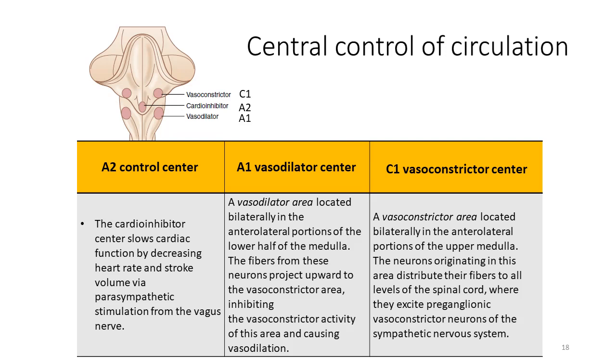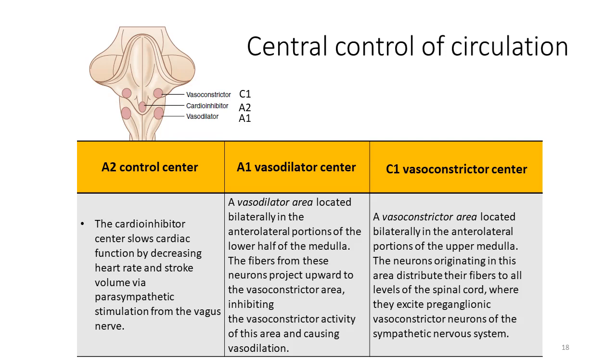A1 is the vasodilator center. These neurons are located bilaterally in the anterolateral portion of the lower medulla. Fibers from these neurons project upward to the vasoconstrictor area, inhibiting the vasoconstrictor activity of this area and causing vasodilation. The third part is the A2 control center.